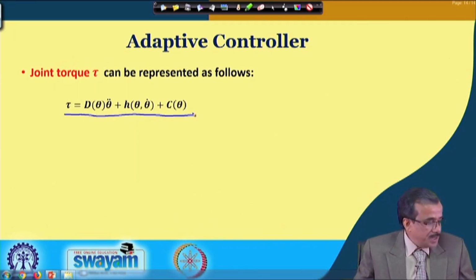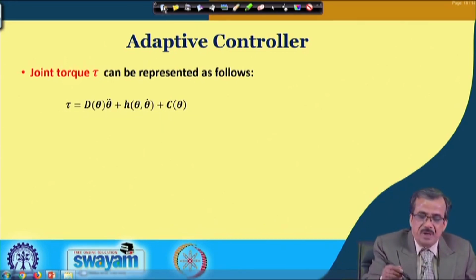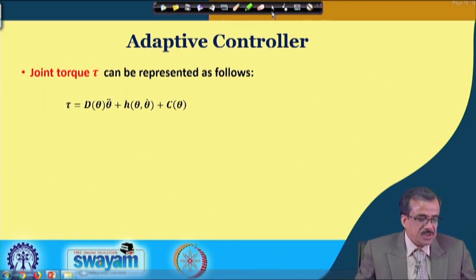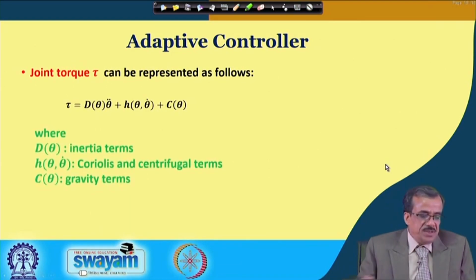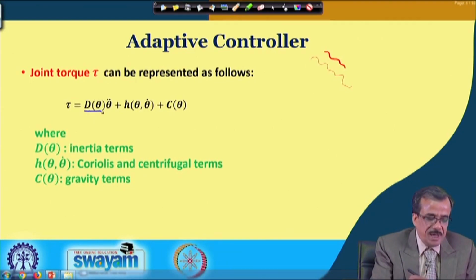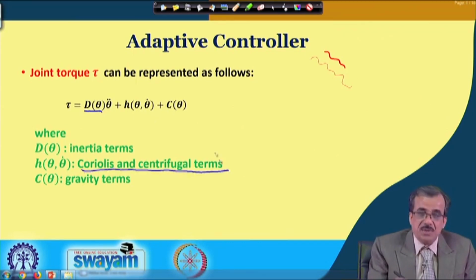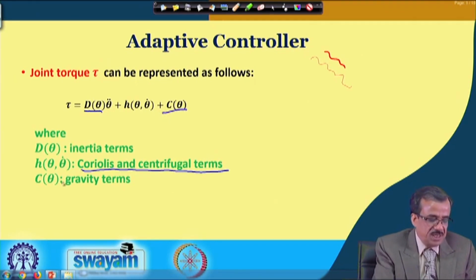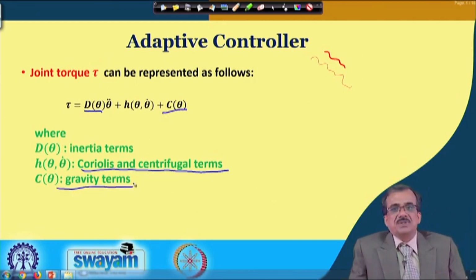It has three components. D(theta) is the inertia term, H(theta, theta dot) is the Coriolis and centrifugal term, and C(theta) is the gravity term.